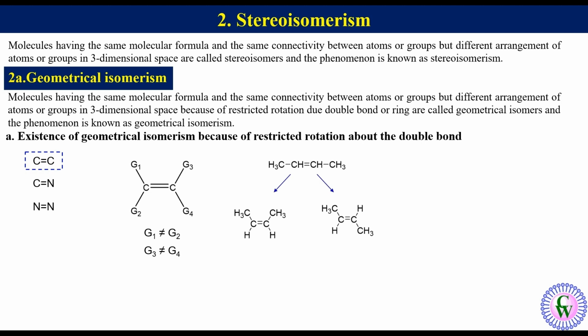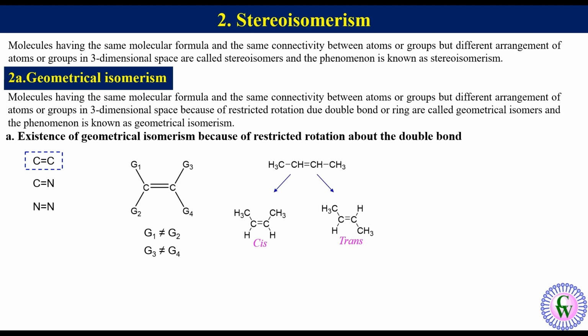The isomer in which similar substituents are on the same side of the alkene is called cis isomer, while the isomer in which similar substituents are on the opposite side of the alkene is called trans isomer.